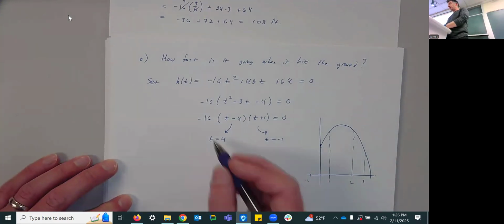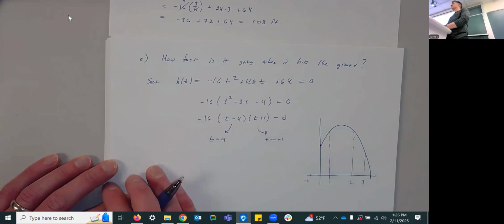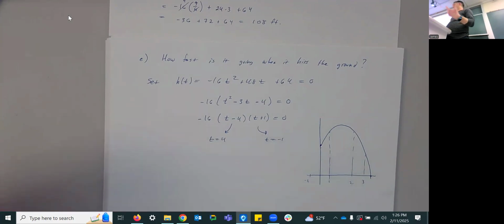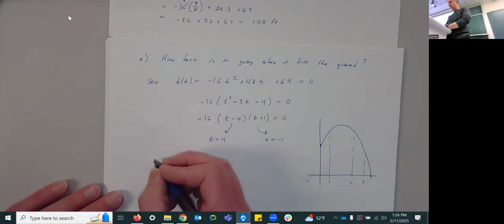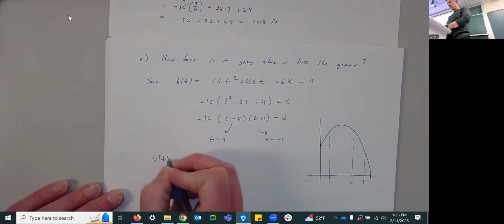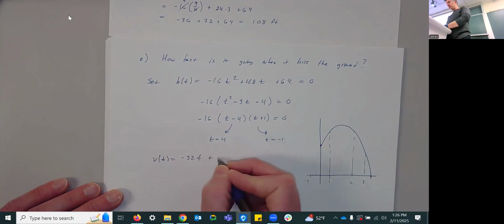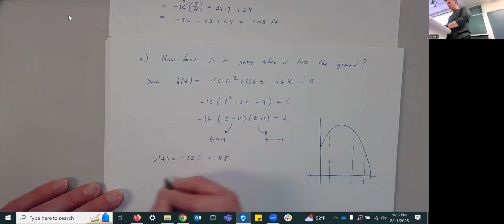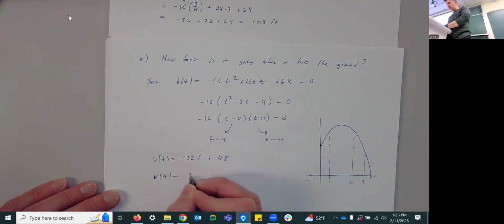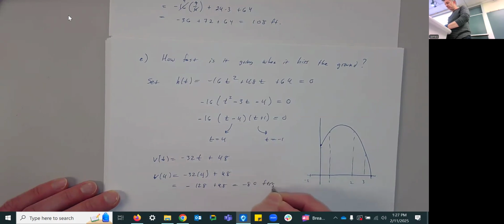So then we're going to plug that into which equation? The velocity, right? Because we're trying to answer the question, how fast are we going? Velocity at time t is -32t plus 48. So we plug in 4. The v of 4 is -32 times 4 plus 48, which is -128 plus 48, which is -80 feet per second.